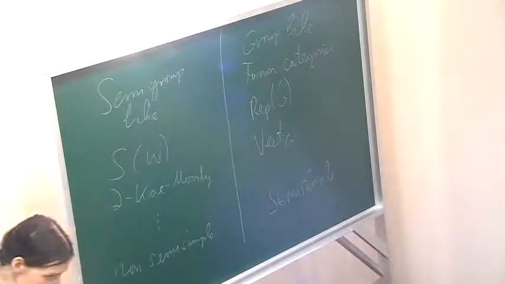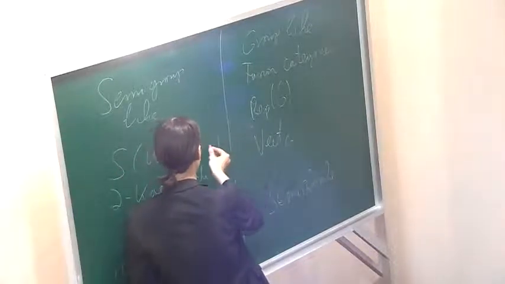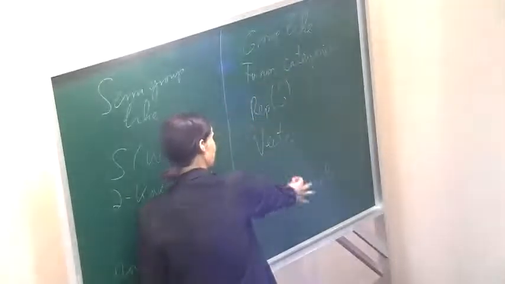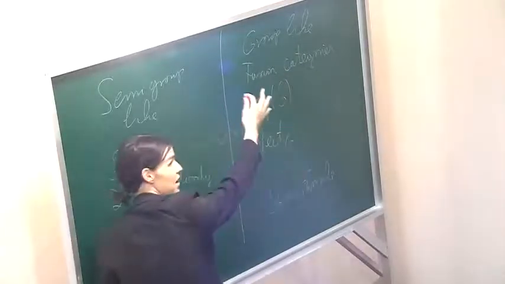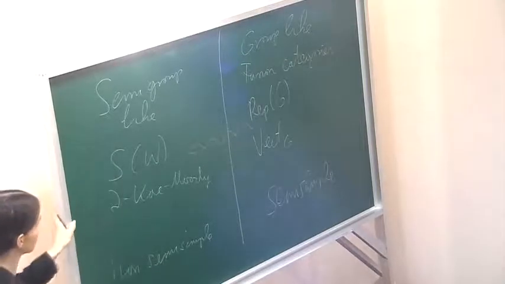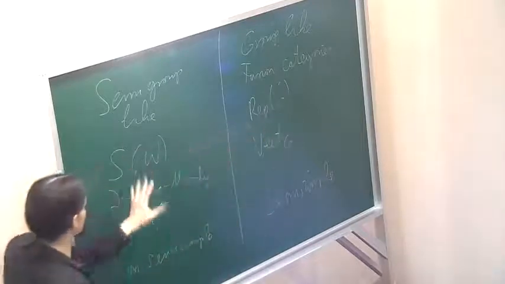What you kind of want to have is a magical procedure. It goes from here to here, and then you classify everything on this side, which is pretty easy. It's group-like, and then you get a full classification on this side. The story I want to sell is that there's a group-like part and there's a semi-group-like part.